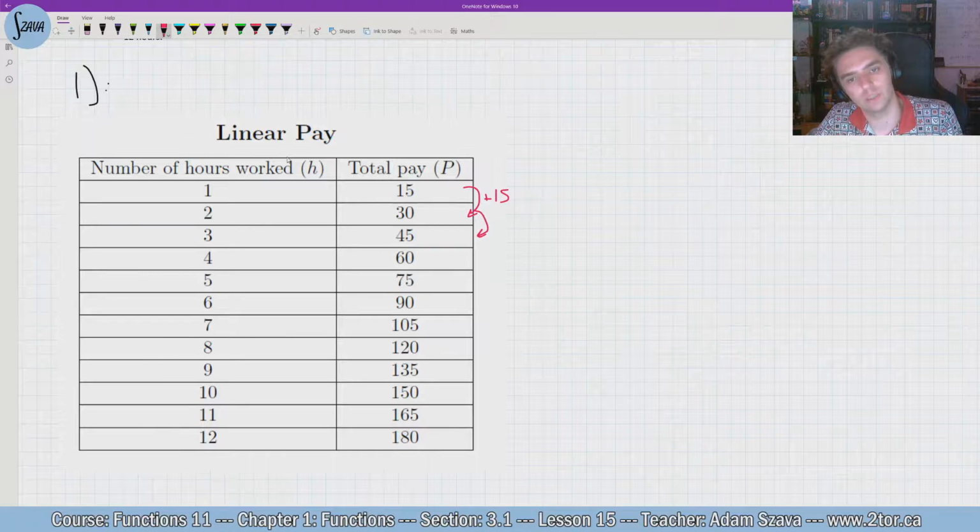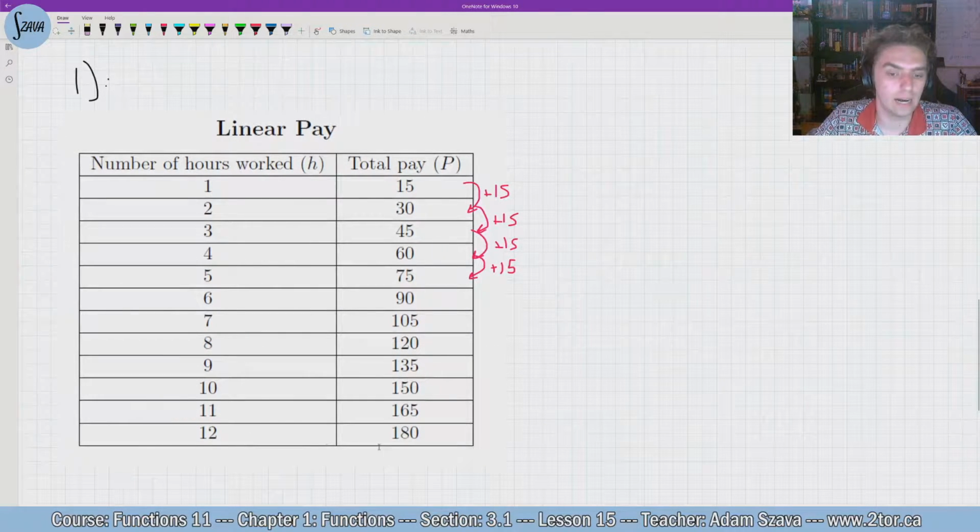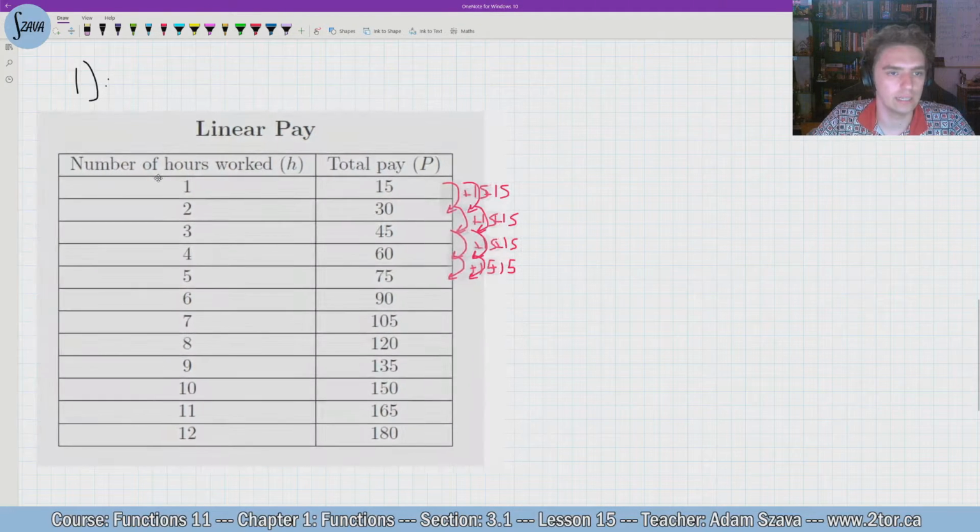That's exactly what it means to work for $15 an hour. It's a little bit more than standard minimum wage pay. Up to 12 hours, you get $180. That is the idea for linear pay.